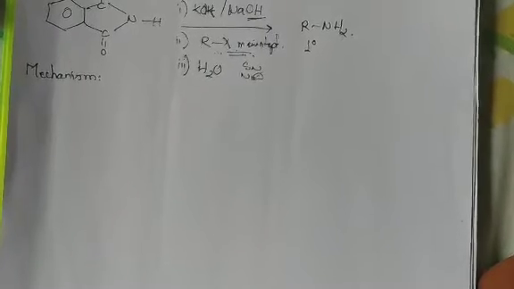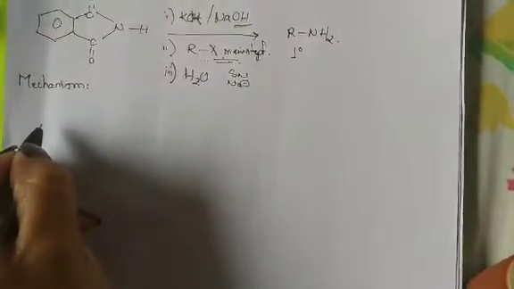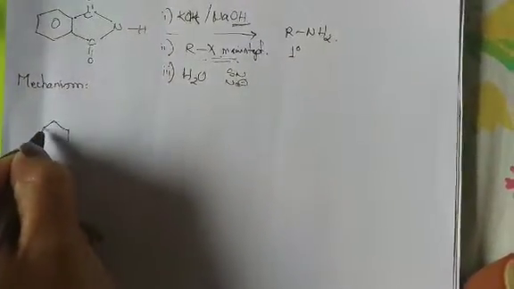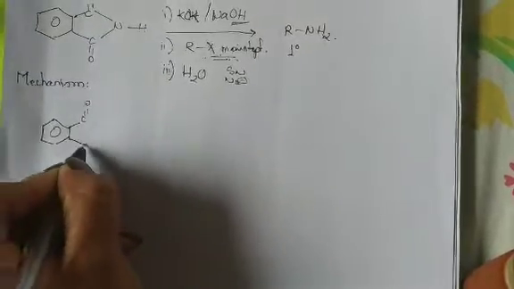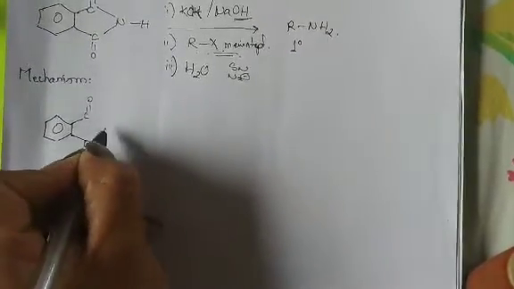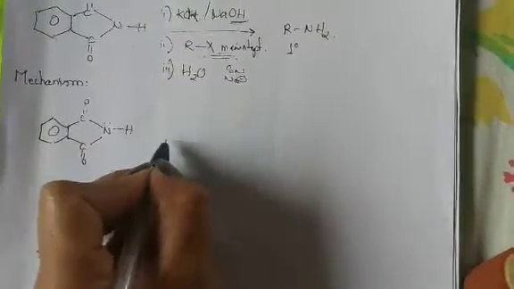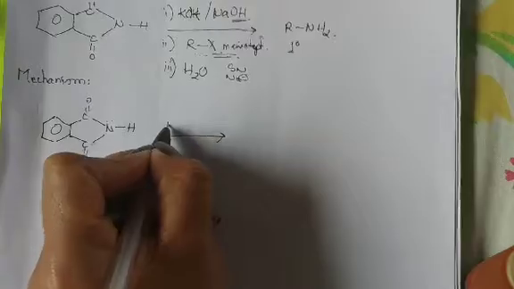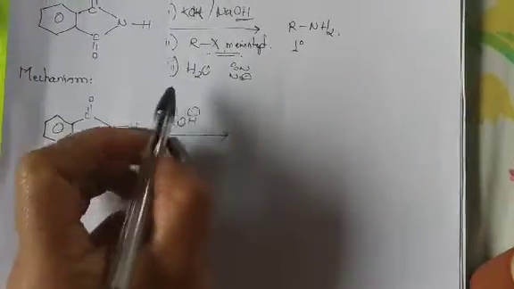Now let us do the mechanism. Here we have our phthalimide, nitrogen with the lone pair, and KOH.